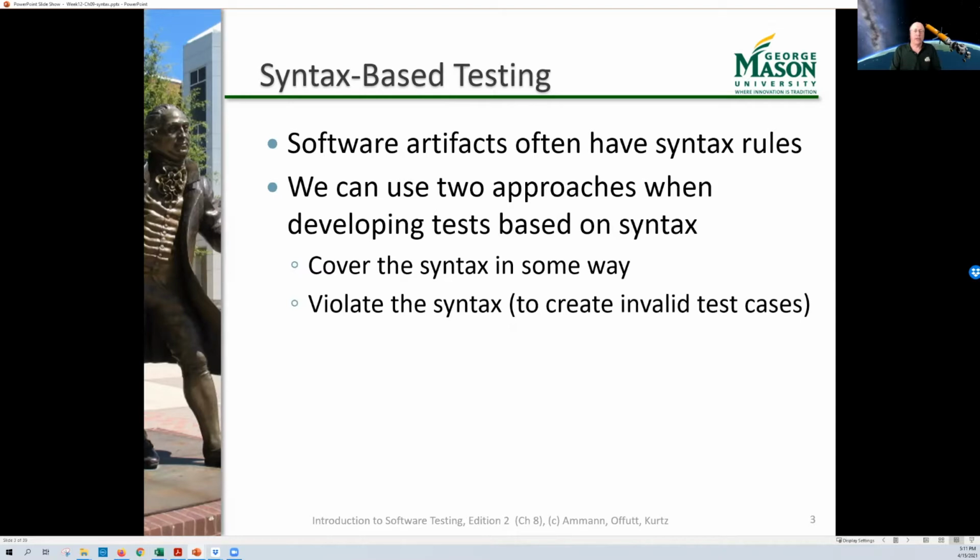The other approach that we can take is to violate the syntax. So what if I have this protocol and I can put together good messages that follow the protocol and send it to my system and make sure that my system behaves properly. But I could also test my system by violating that protocol in some ways, right? By passing it invalid, preferably subtly invalid messages.